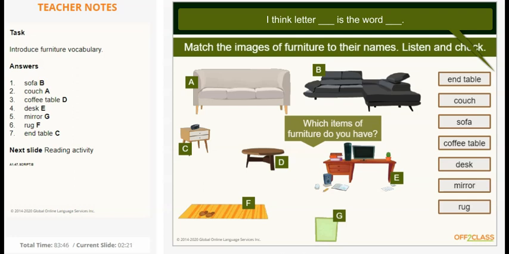Let's try matching them together. For example, A is a couch. What is B?